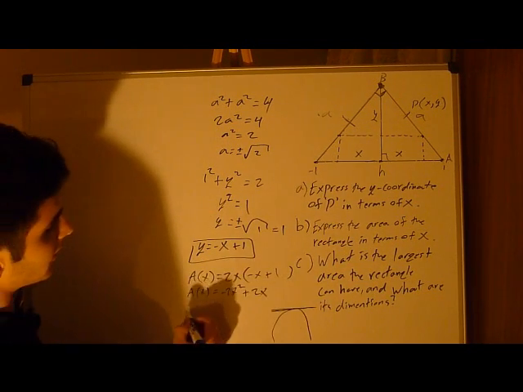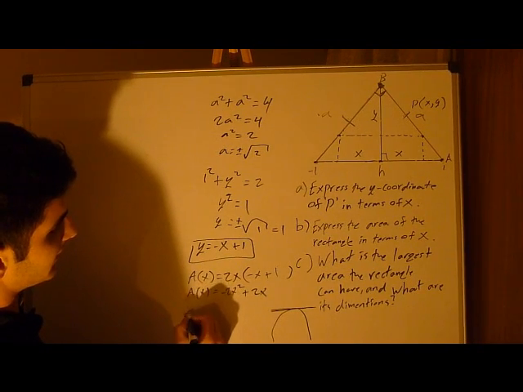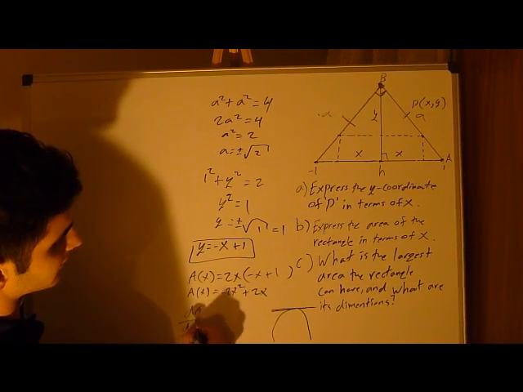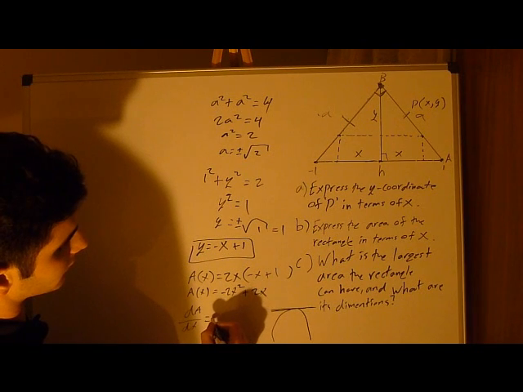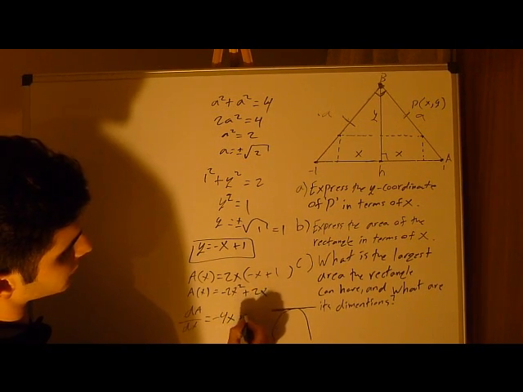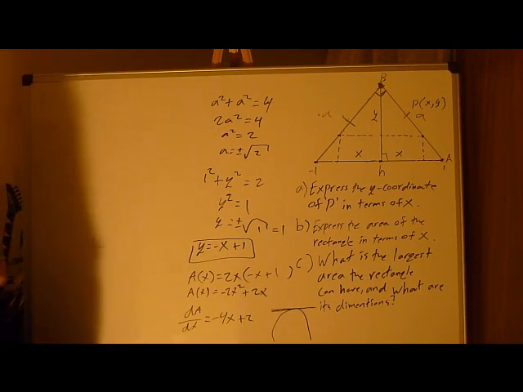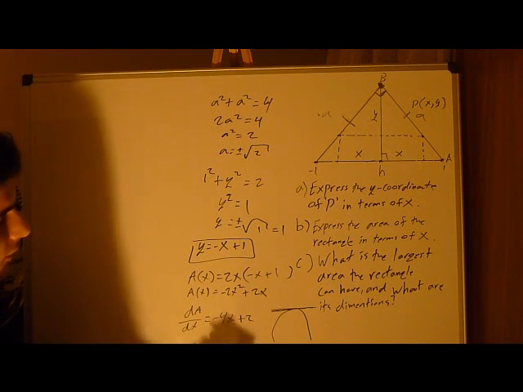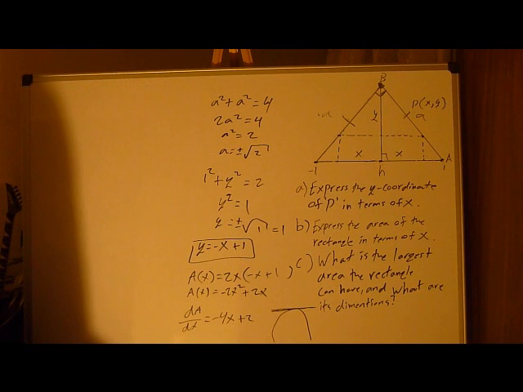So dA/dx is equal to -4x plus 2. Now, when is this equal to 0?